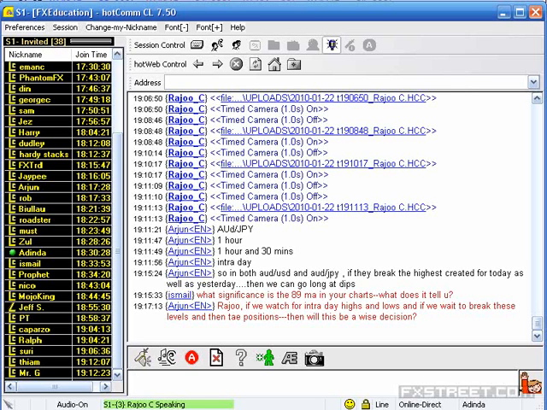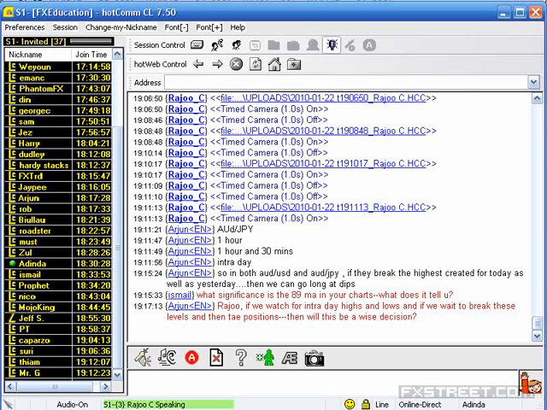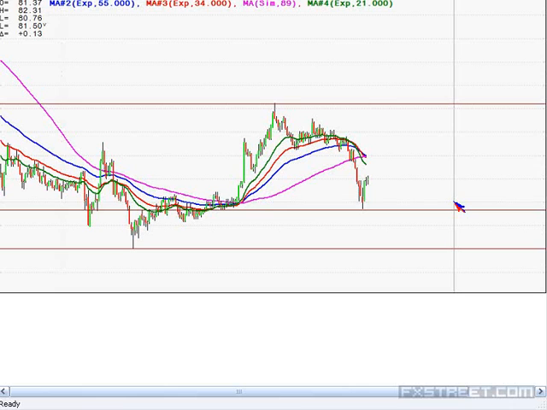So the next question is, what significance is the 89 moving average in your charts? What does it tell you? As far as the moving averages I use, they are the 21, 34, 55 and 89, right? When you apply moving averages, you must understand how you use them.